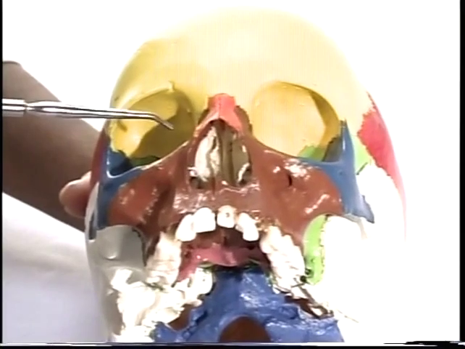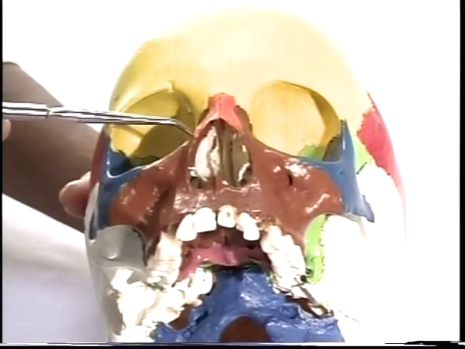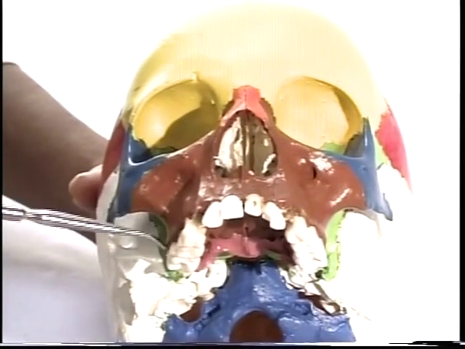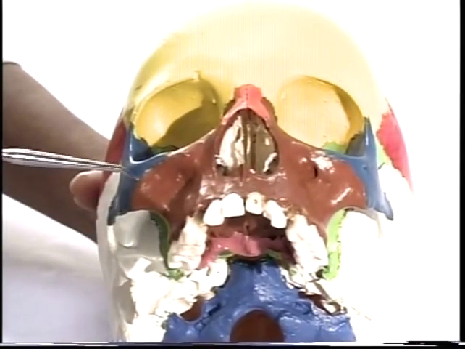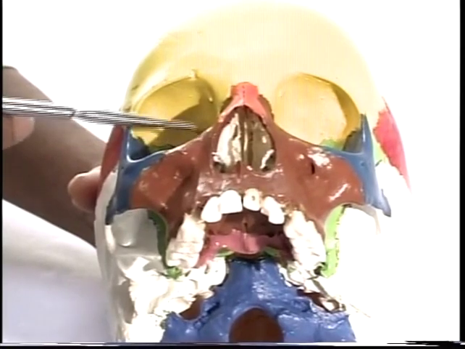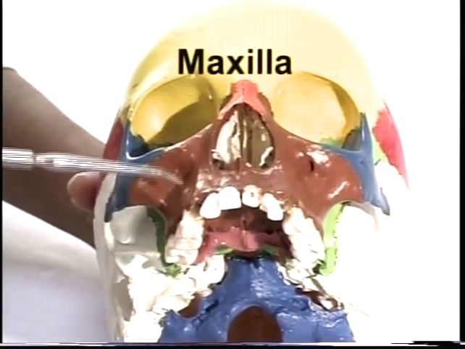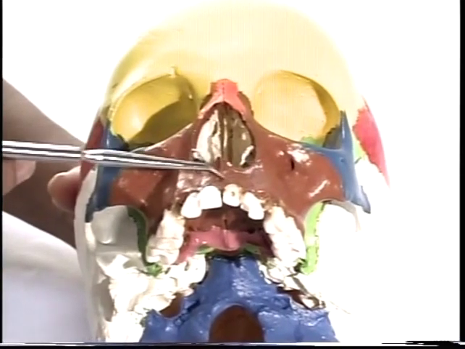Now we look at this brown colored bone, and I'm going through the outline of this bone. This is your maxilla. These are two paired bones, and they meet in the middle.